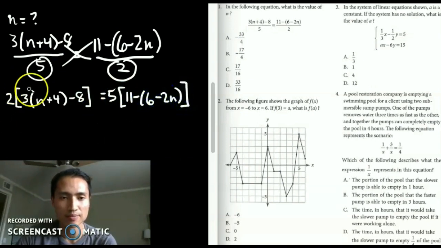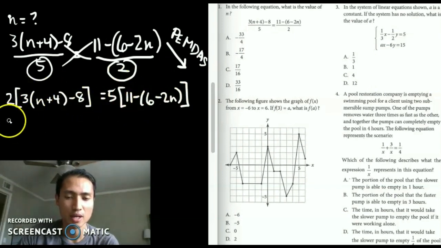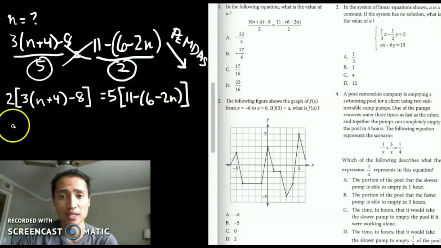So if you remember PEMDAS, probably from middle school, maybe it came back up later on in high school: parentheses, exponents, multiplication, division, addition, and subtraction. This is going to be our order of operations. Right now I don't see any exponents, but I definitely see some parentheses and brackets that we could start to break down. Again, this just gives us a guide on what mathematical operations to do first.